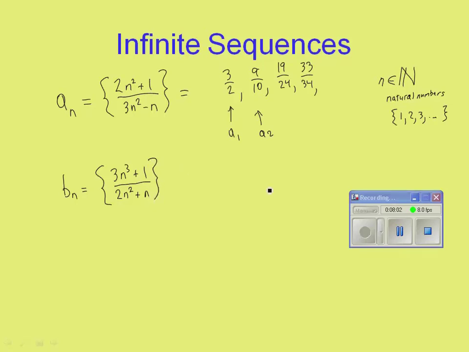And I could do the same thing, but I'm not going to, because I don't want to waste your time. And let me write down c sub n, which is going to be an important example for us. It's the sequence 1 over n, right? So what's that? 1, 1/2, 1/3.